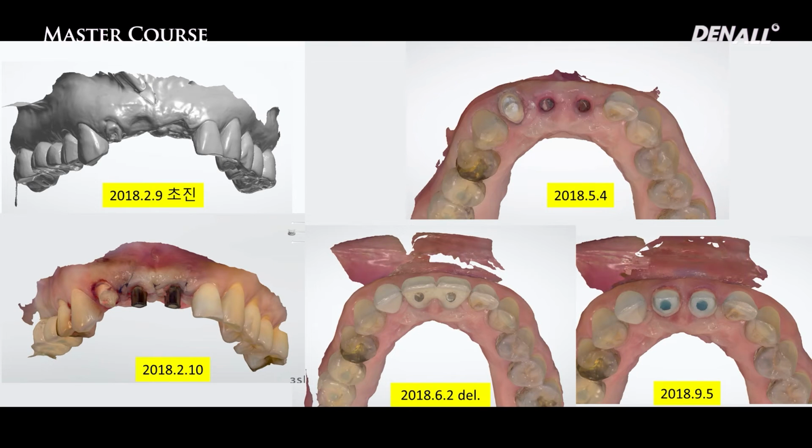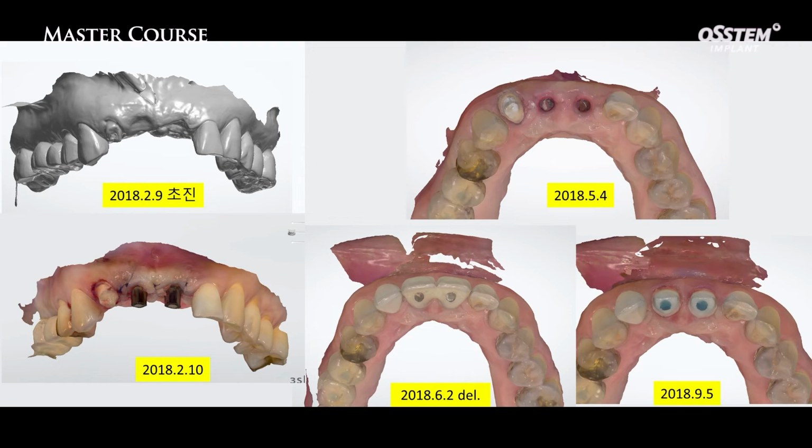Let's look at a different patient. Extraction was done at another clinic, and at the initial visit, remodeling was more or less healed. On the day of surgery, rather than a screw type, a stock abutment was used for the temporary, and after 3 months, in May of 2011, it was scanned, and in early June he came, not regularly.